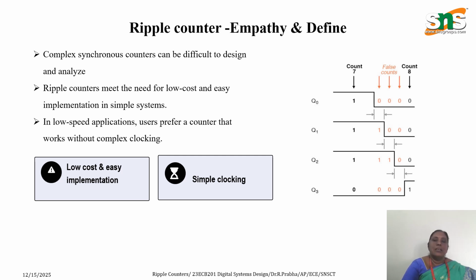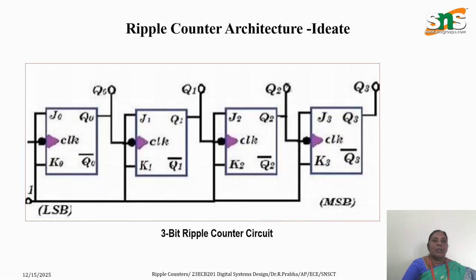So this is the advantage of ripple counter, and it overcomes the challenges faced by synchronous counters. In asynchronous counter or ripple counter, the clocking is very simple, the cost is low, and the implementation is also simple. And now coming to the architecture, that is the ideate part of design thinking.